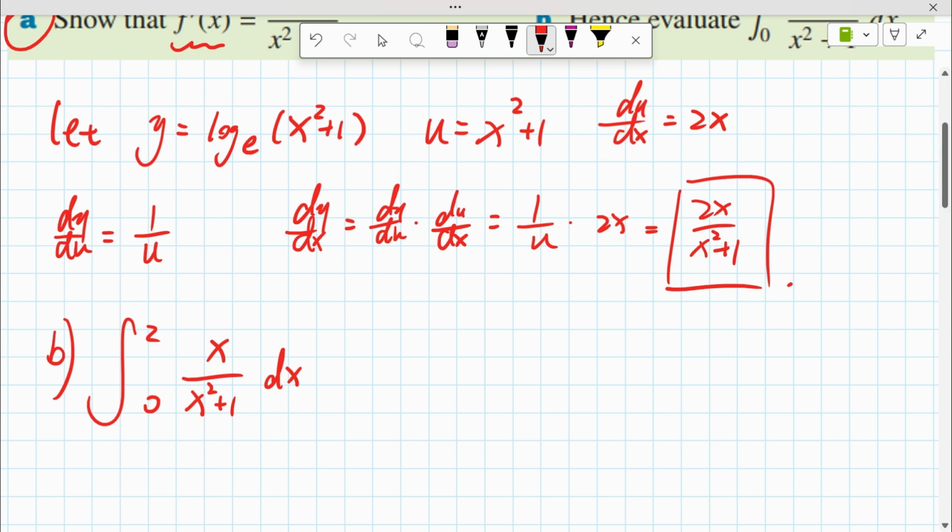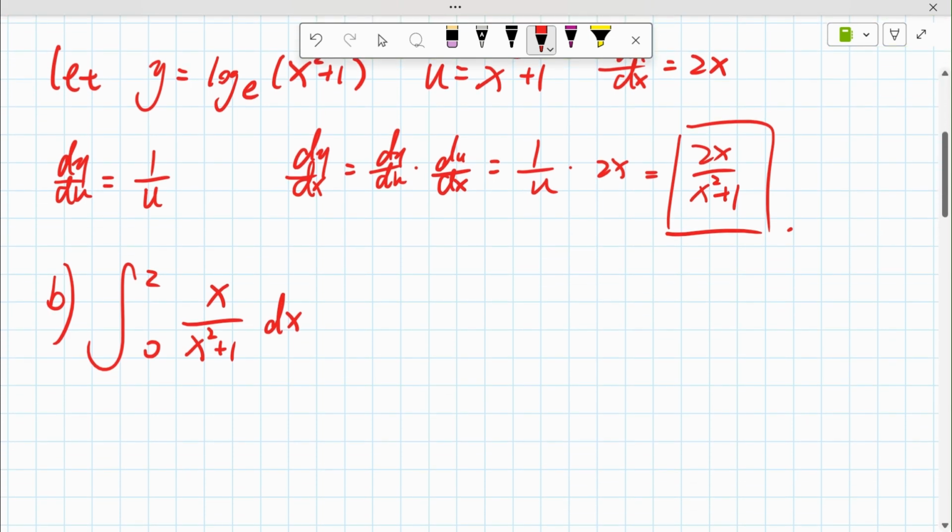We're going to use part A. Remember, if you're going from part A to part B, normally we use our knowledge from part A. First thing first, 2x over x squared plus 1.